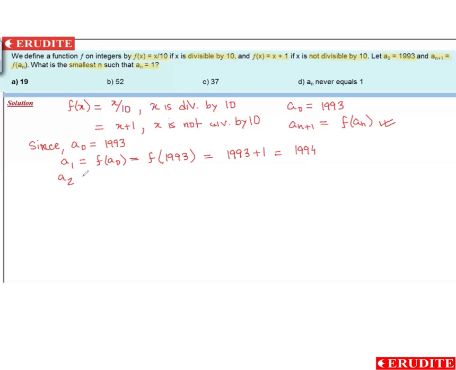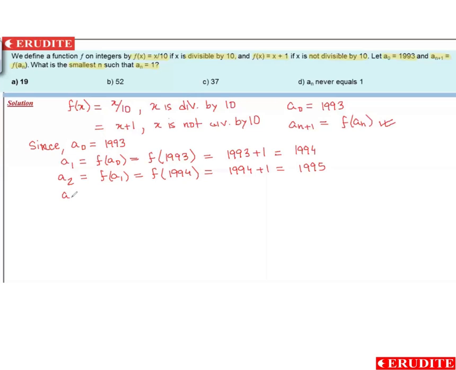Similarly, a2 would be f of a1, which will be equal to f of 1994. Now this 1994 is not divisible by 10, so it will be 1994 plus 1, which will be 1995, right?